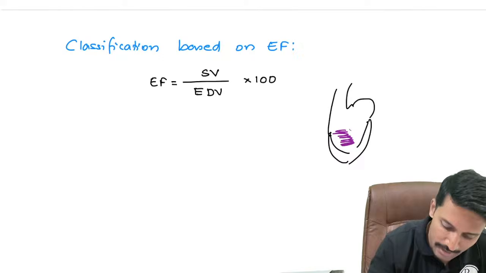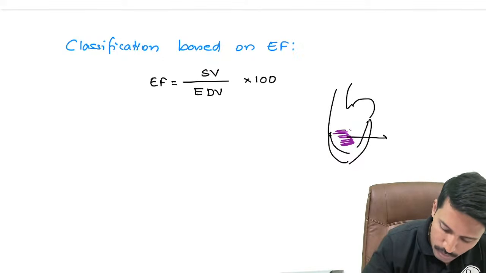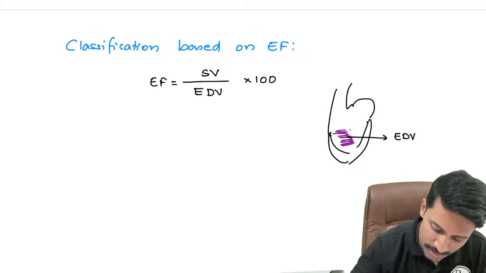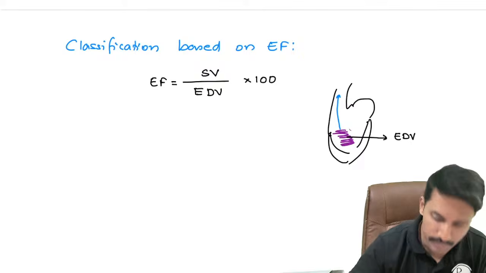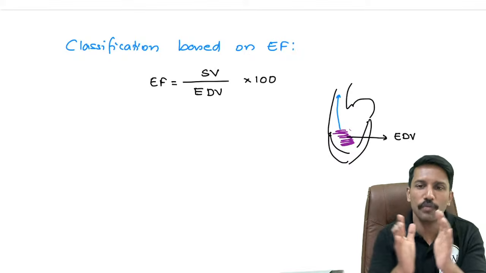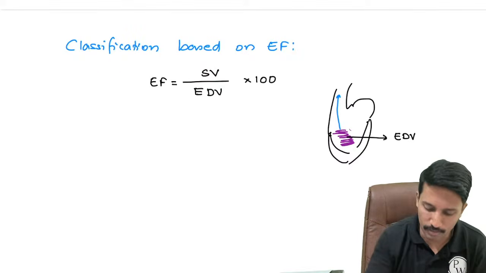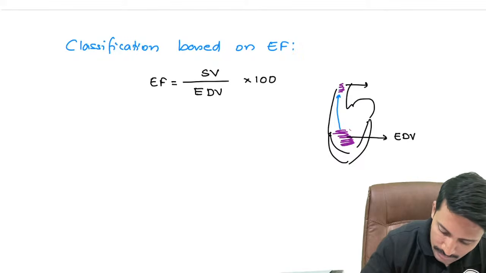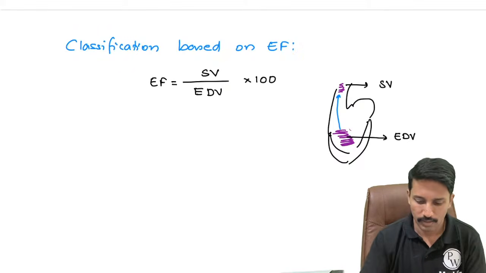So whatever blood I have in my ventricle at the end of diastole, we will call it end diastolic volume. Now this ventricle will contract and eject some amount of this blood during next systole, but it cannot eject all of this blood. Some of this will be ejected, and whatever blood gets ejected, we will call that blood stroke volume.